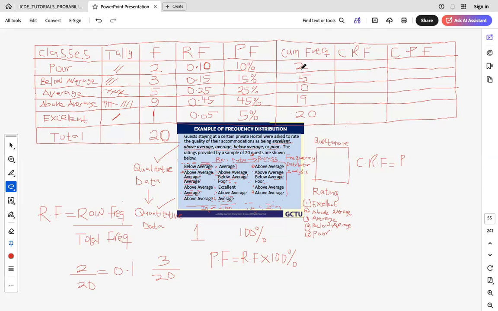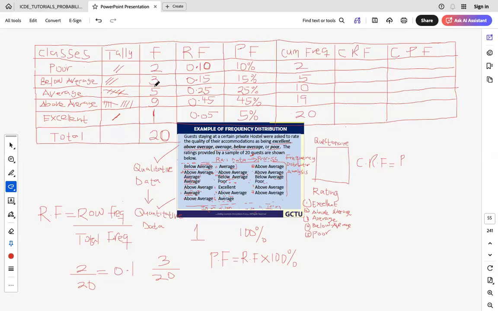So you pick the 2 and you repeat it. Cumulative means that keep adding up. So when you pick this 2, there is no number above it to add to the 2. So you write it. You repeat the same thing as 2. But when you come to the second line, which is 3, you can't just write 3 because there is 2 above 3.